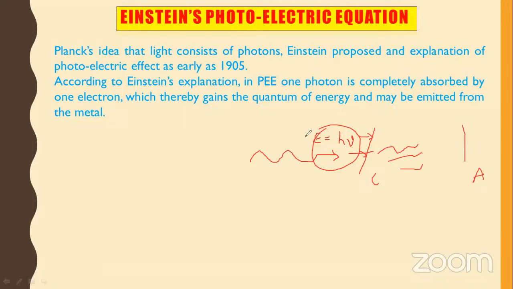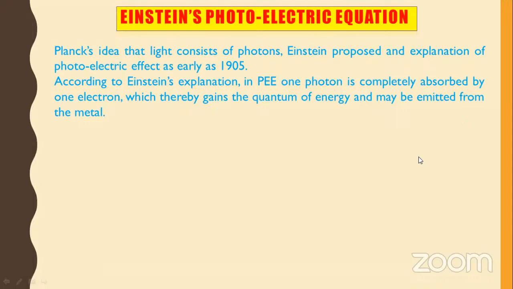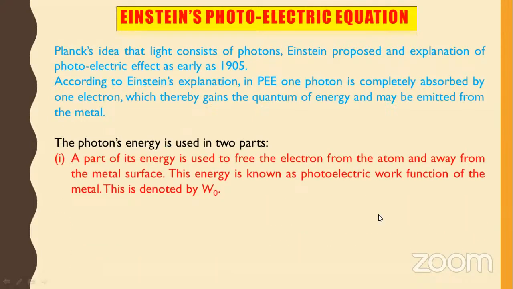Einstein said that one photon is completely absorbed by one electron of the metal plate. That determines the quantum of energy which may be emitted from the metal plate. Next, the photon's energy is used in two parts.